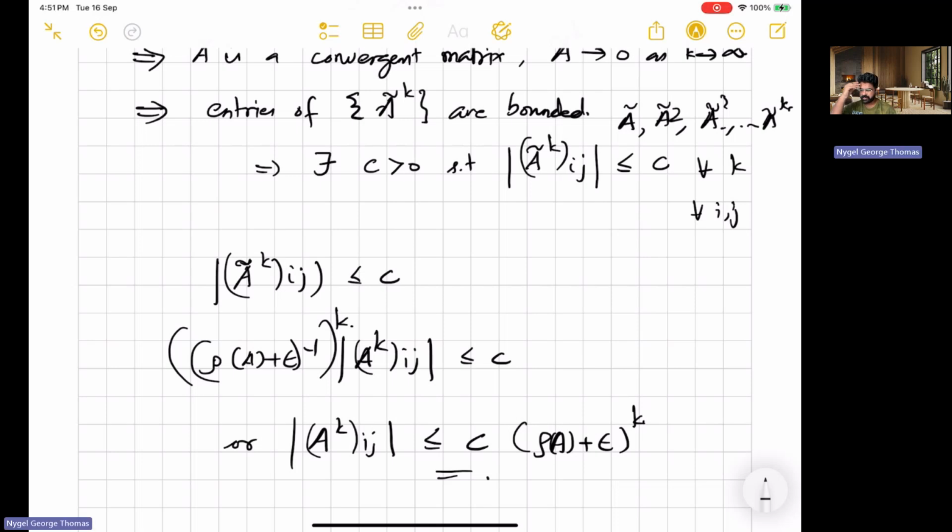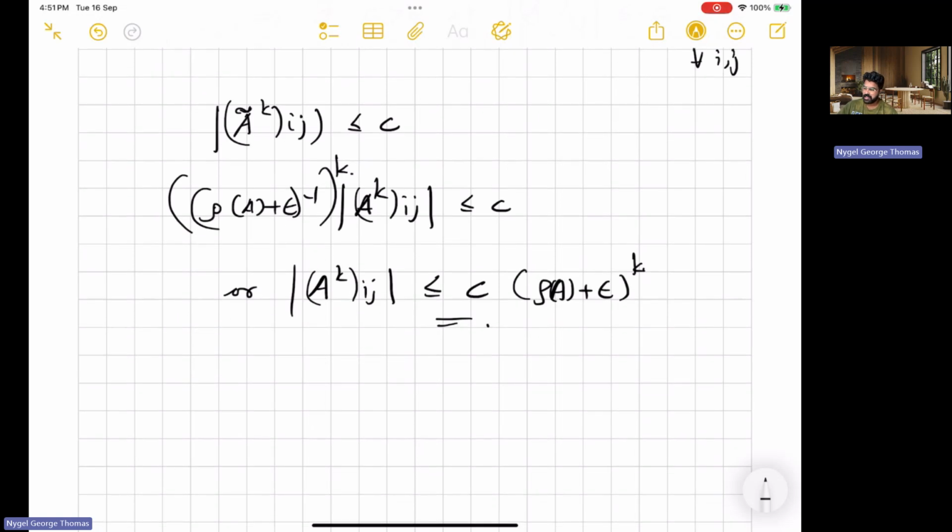Yeah, this is correct. There's no need for any confusion.